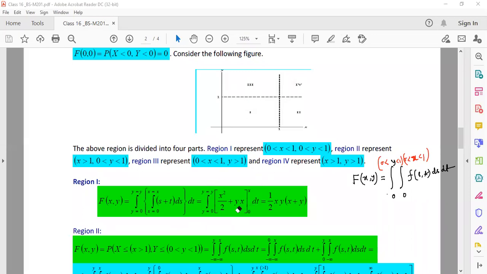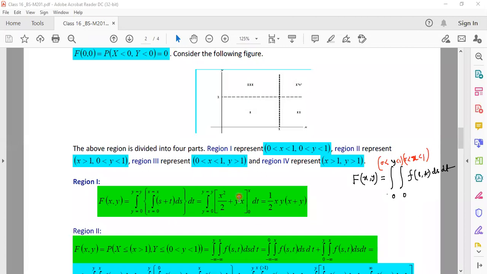I'm not showing it in detail. You can integrate right now to check the validity of the calculation: when we integrate with respect to s first, treating t as constant and putting the limits 0 and x, you will find this expression, and that expression will be integrated with respect to t. One thing that I actually need to rectify is that a mistake has been made here.